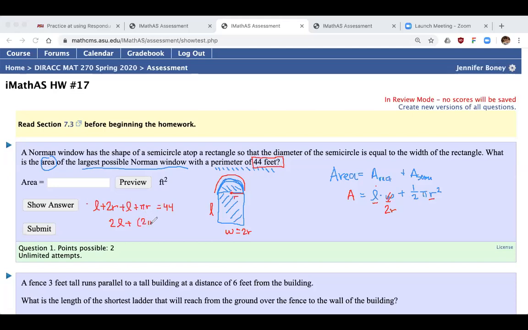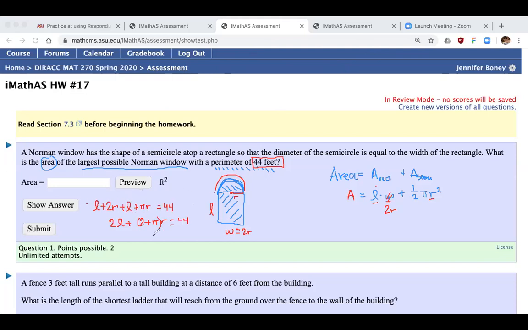This isn't writing very well, and that's going to be a little bit confusing. Where's my eraser? So I've got 2 L's and 2 plus pi R's that have to equal 44.